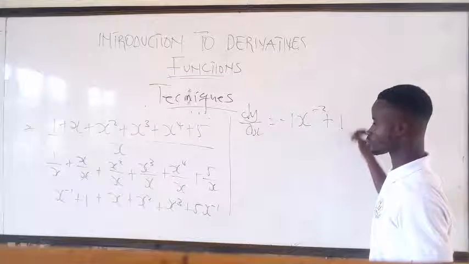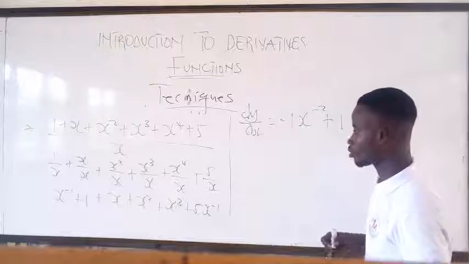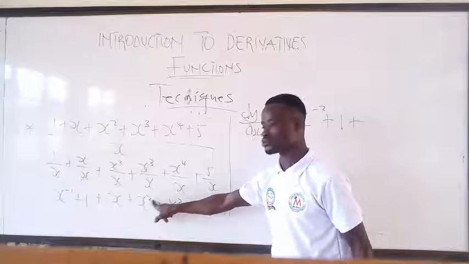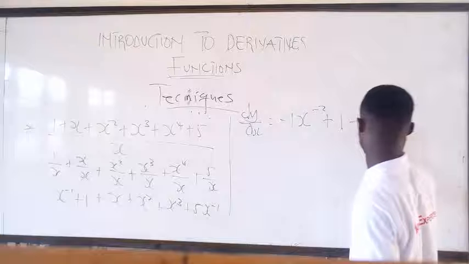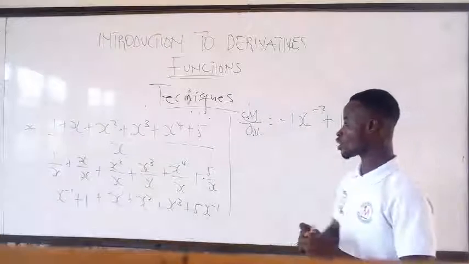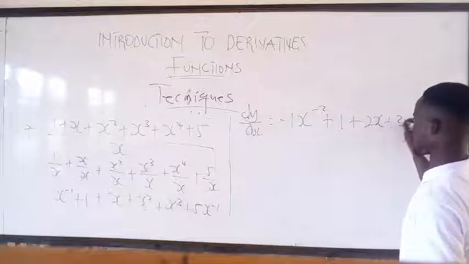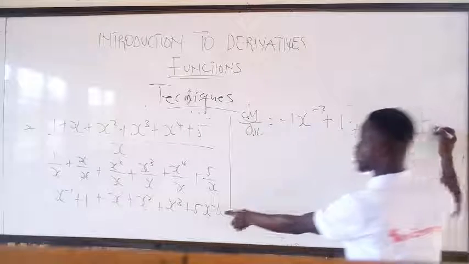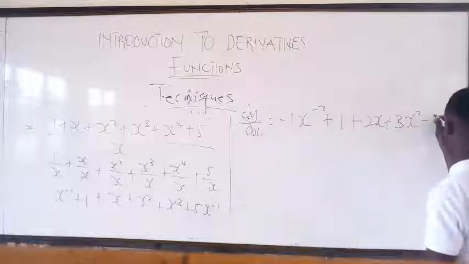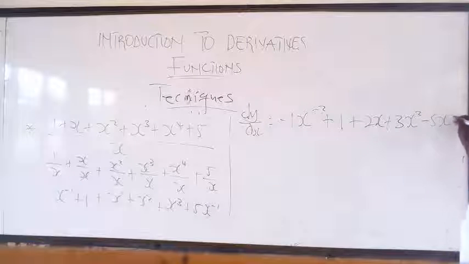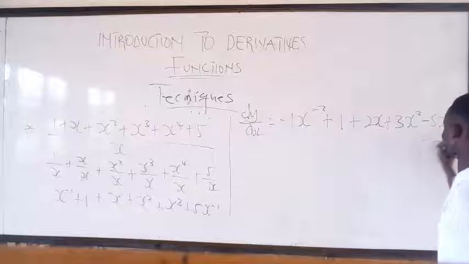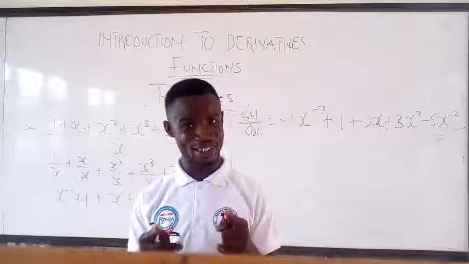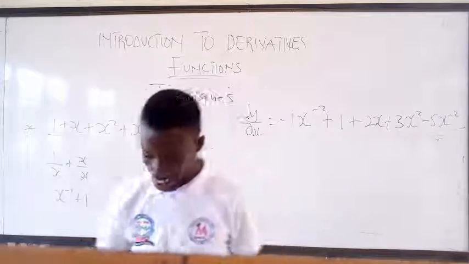So here you get 1. And here plus 2x, because the coefficient is 1 and you subtract 1 from the power, plus 3x squared, minus, because the power is negative 1, so you multiply by the 5, you get negative 5x to the power negative 2, and you are done for that. Just simple, it's not difficult. I hope you love mathematics. I also love mathematics. Good.